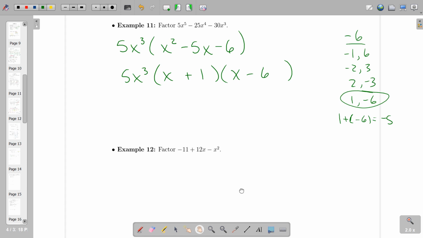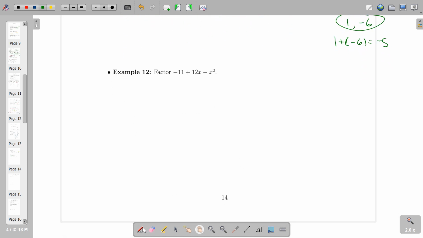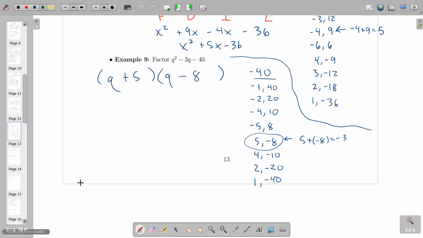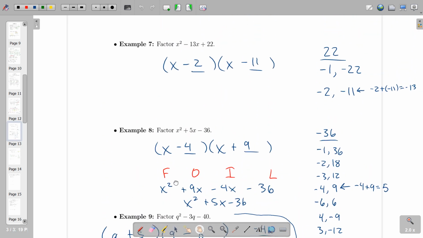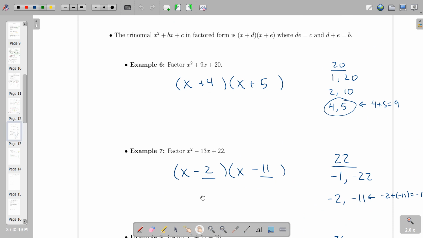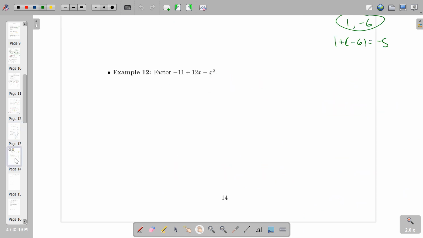And then this last example here, example 12, first of all, a couple of things that might look weird about this. First, you look at the previous page. All these ones we did, the square term came first, and the square term was positive. So in this one, it's easy enough to make the square term come first. You can always reorder addition. It's no problem.